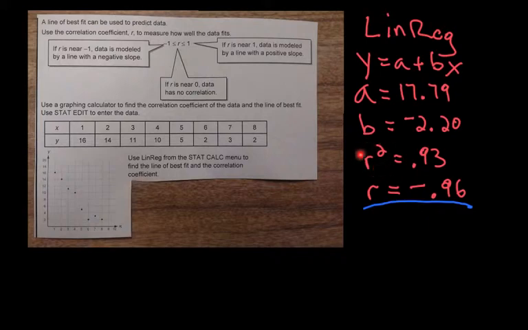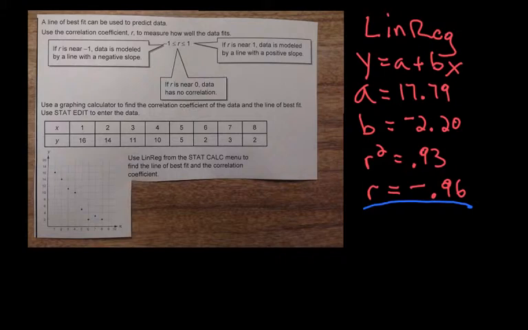R squared, we didn't talk about that in class, so don't worry about it, but you jump to the R, which is -0.96. Now this is very important. The correlation coefficient is -0.96. The number -0.96 is really close to -1, so it means you have a really strong correlation. The points are really close to each other, and you can see that on the scatter plot.